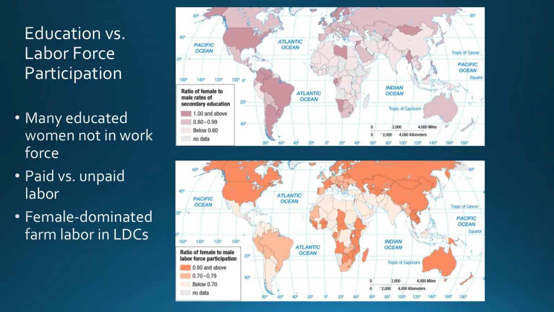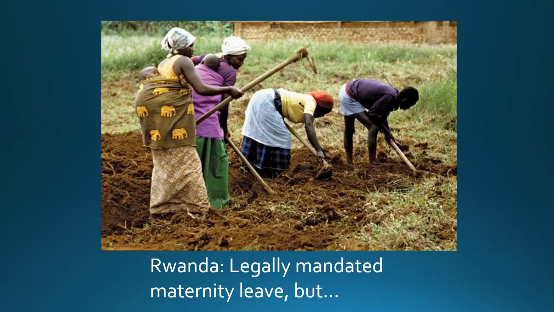And so basically you get a certain amount of paid maternity leave, based upon the law. And so, technically Rwanda is very agricultural. They technically have legally mandated maternity leave, but obviously this woman with this baby on her back, she's still working, right? Because she is working, she is doing this unpaid labor on her own farm.